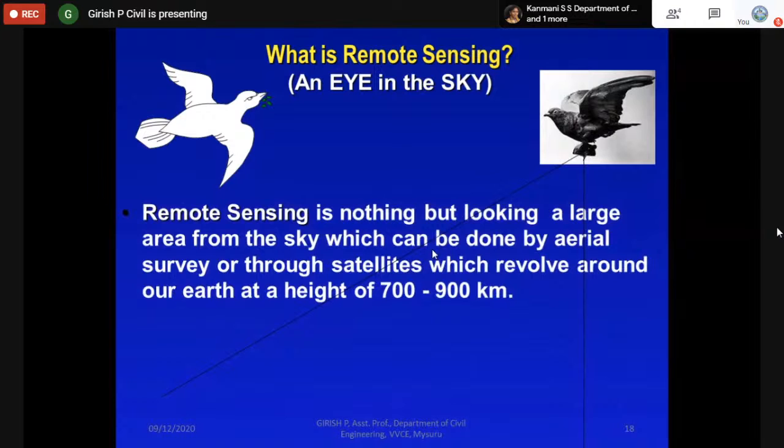Generally defined, remote sensing is nothing but looking at a large area from the sky, which can be done by aerial survey or through satellites, which revolve around our Earth at a height of 700 to 900 kilometer or more. We call that remote sensing.